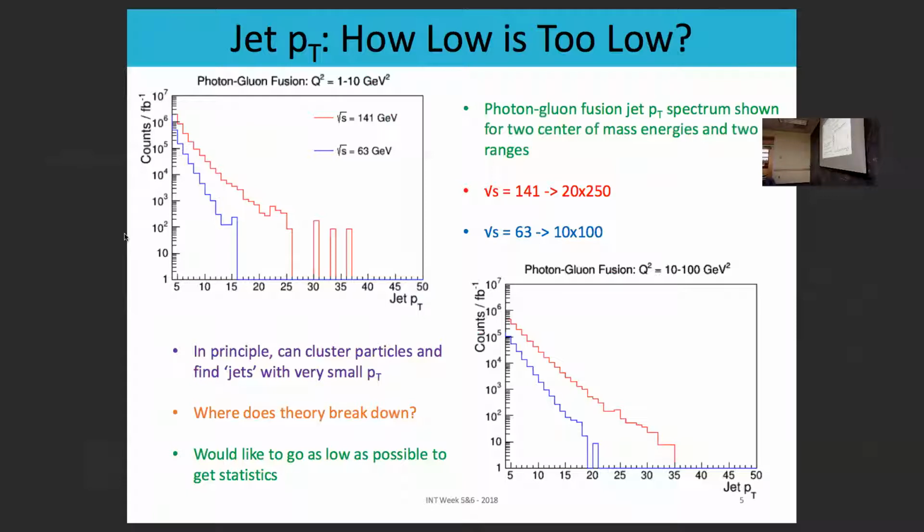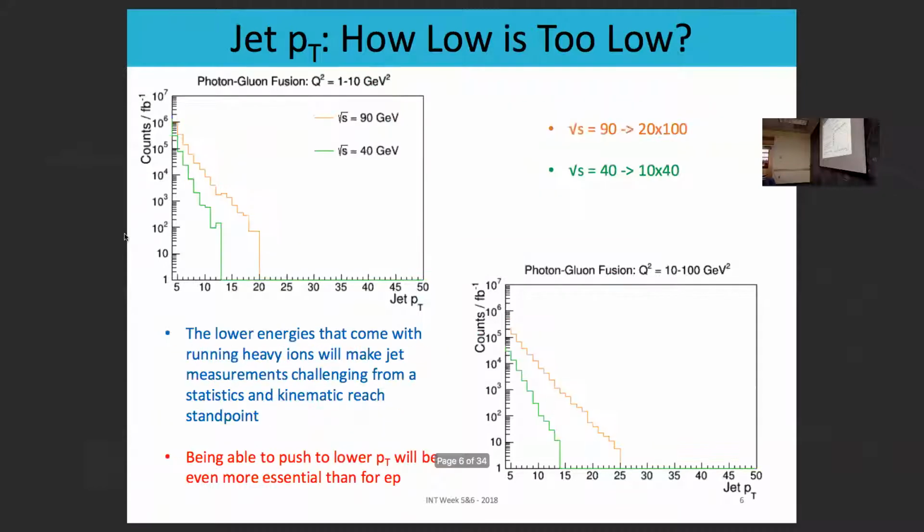So it benefits us to press as low in pT as possible, because that is where the events are. If we have to start talking about jets above 10 or 15 GeV, then we're starting to talk more about rare probes. And so here I show again representative EA energies, either 90 GeV, so that would be 20 on 100 GeV, or something like root s of 40, 10 on 40 GeV.